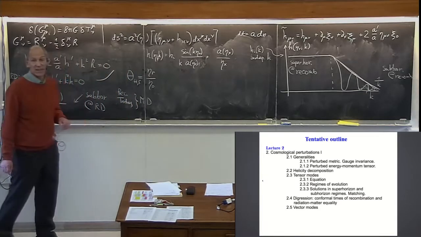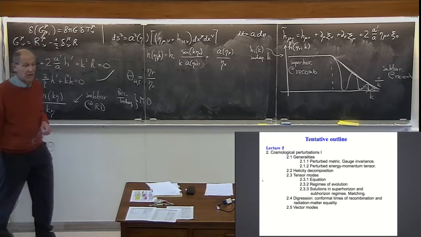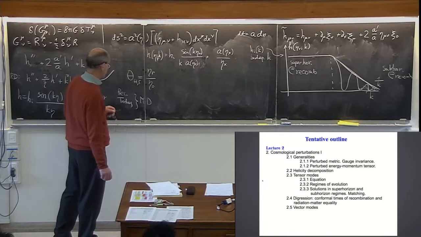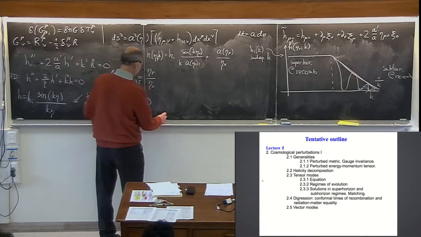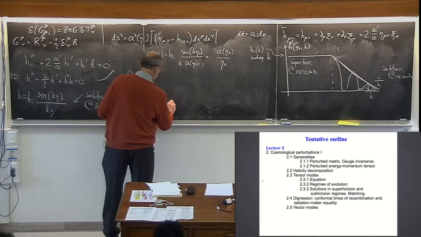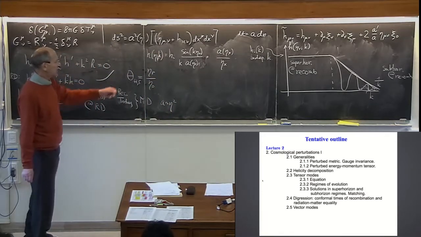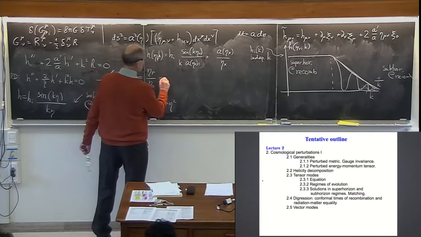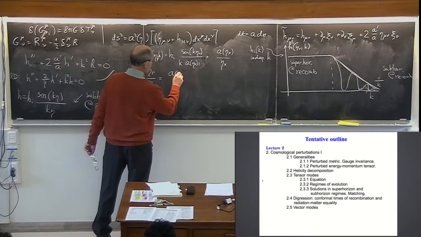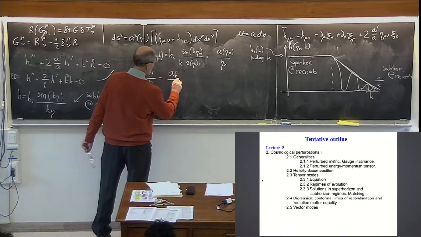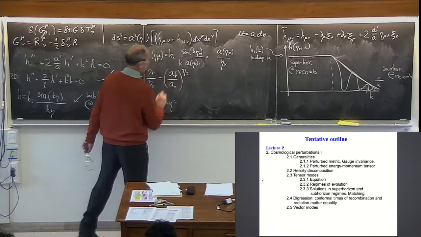Let's neglect the late effect of dark energy, for example. Then my scale factor goes like eta squared at matter domination. So this ratio is just the square root of the scale factor at recombination over the present scale factor, right?